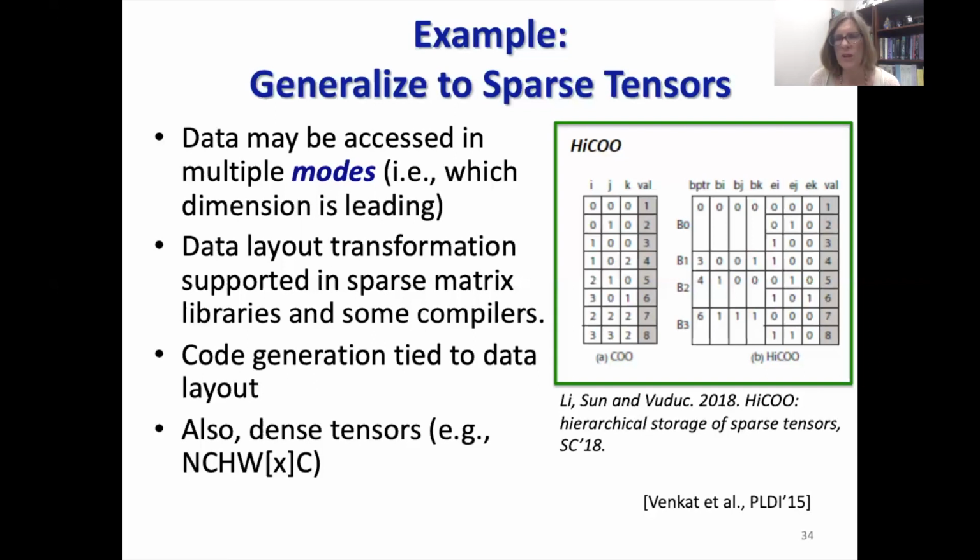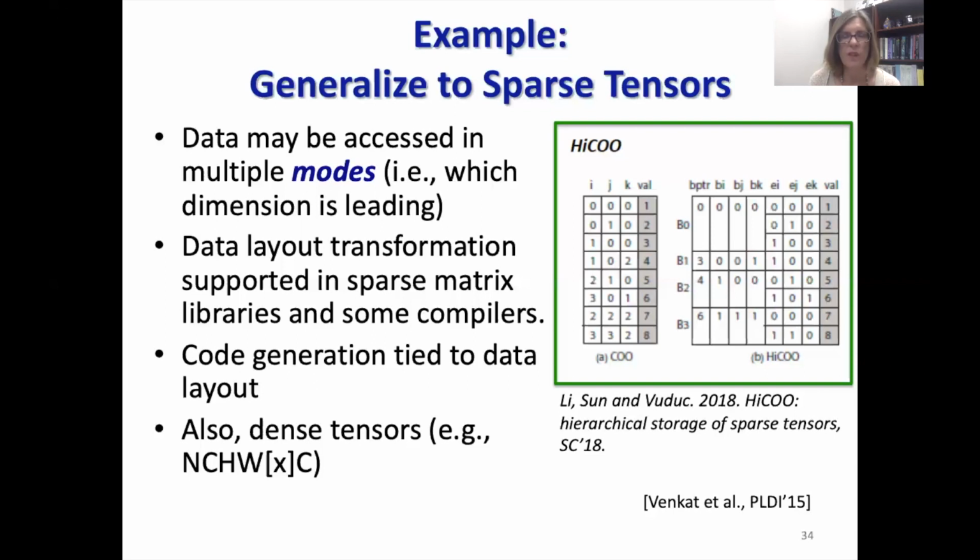And so I'm pointing to one paper from SC18 on a representation called Haiku, which I think is very closely related to what we've been talking about in this talk. I also, in the abstract, referenced previous work from my own student, Anand Venkat, on automatic code generation to transform sparse matrices from one format to another.